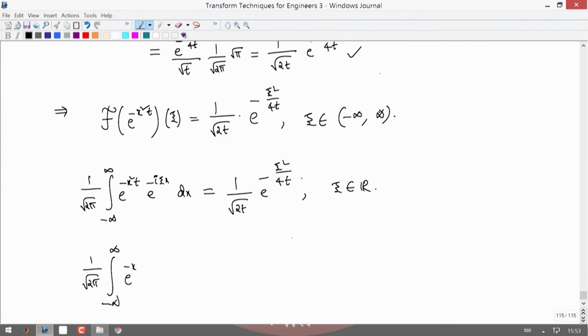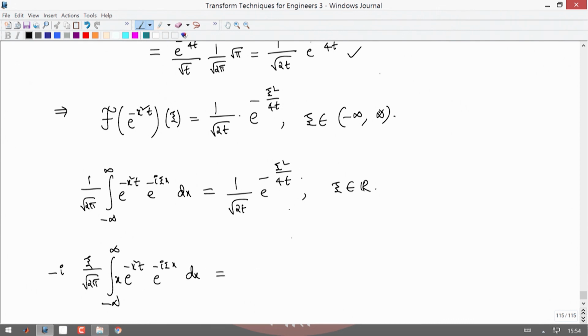So, e power minus x square t, and this you differentiate, minus I xi x comes out, I x will be here, this is dx as it is.